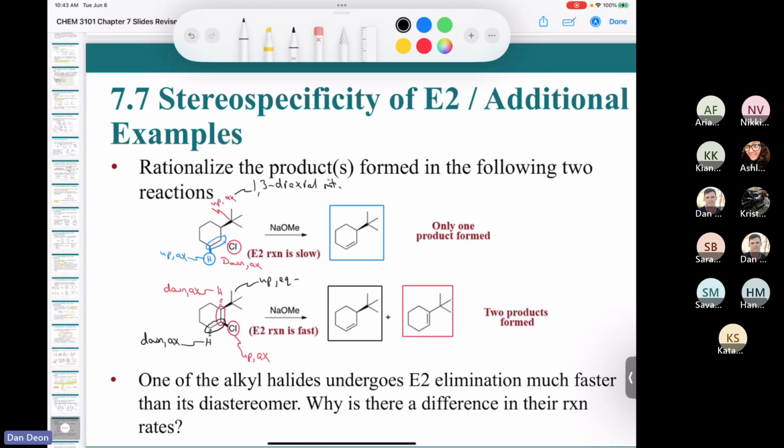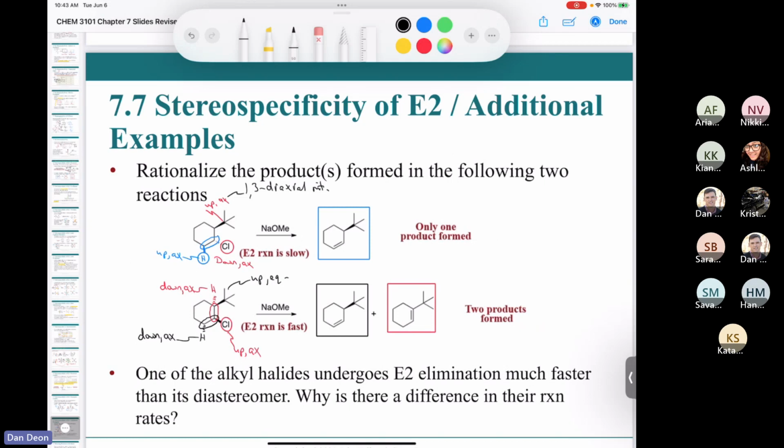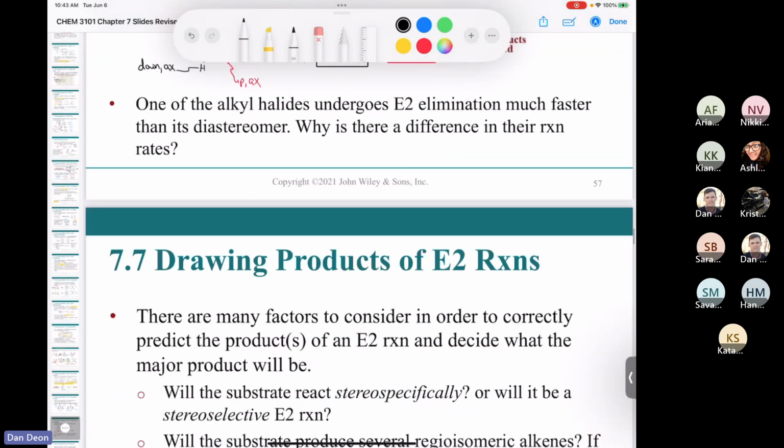That's why the first one is going to react slower than the second one. It's because the tert-butyl group would be in the axial position. So there you go, a lot to unpack in that example, but a very pertinent example nonetheless.